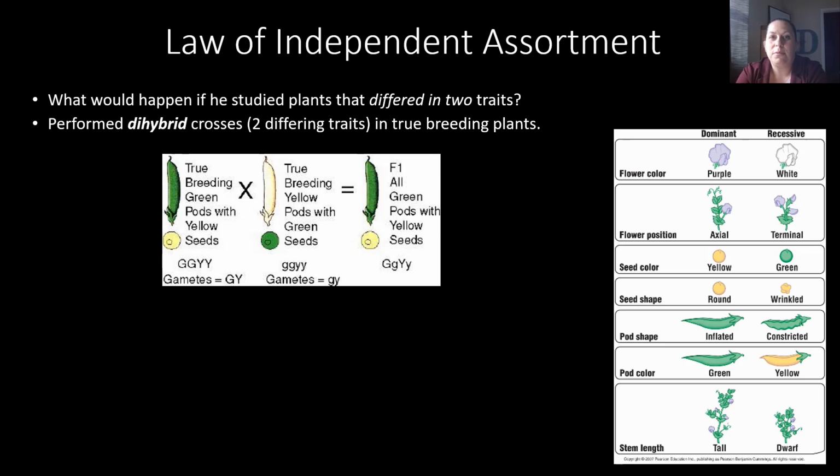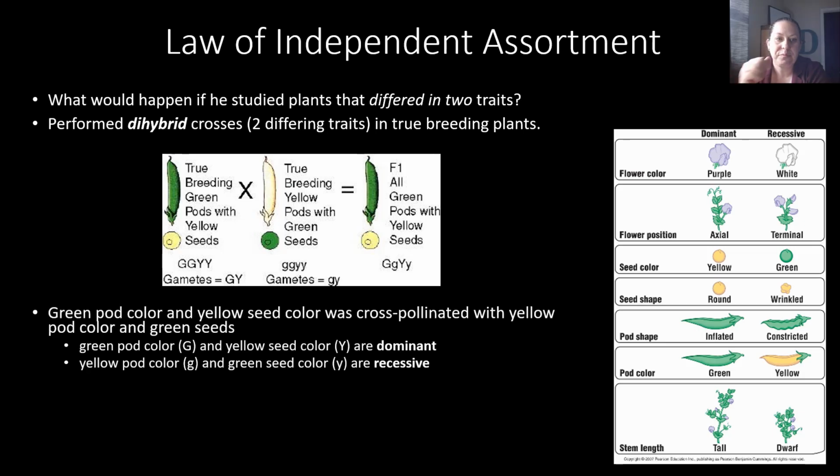So I'm going to take 2 pure breeding plants and I'm going to mate them, and that's going to give us our hybrid. So green pod color and yellow seed color are cross-pollinated with a yellow pod color and green seed. Green pod color big G and yellow seed color big Y are dominant.